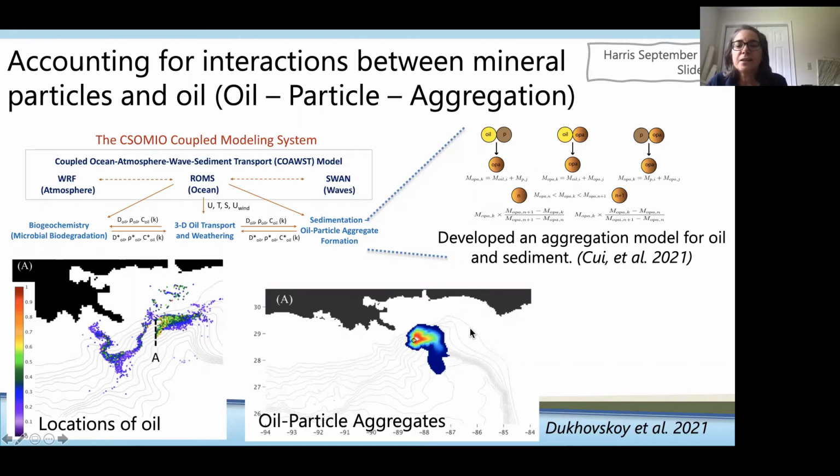And then the larger coupled model took our OPA model and used it to try to account for the importance of these oil particle aggregates in the fate of oil from an oil spill. And so these maps here are from the fully coupled 3D model showing the concentration and formation of these oil particle aggregates.